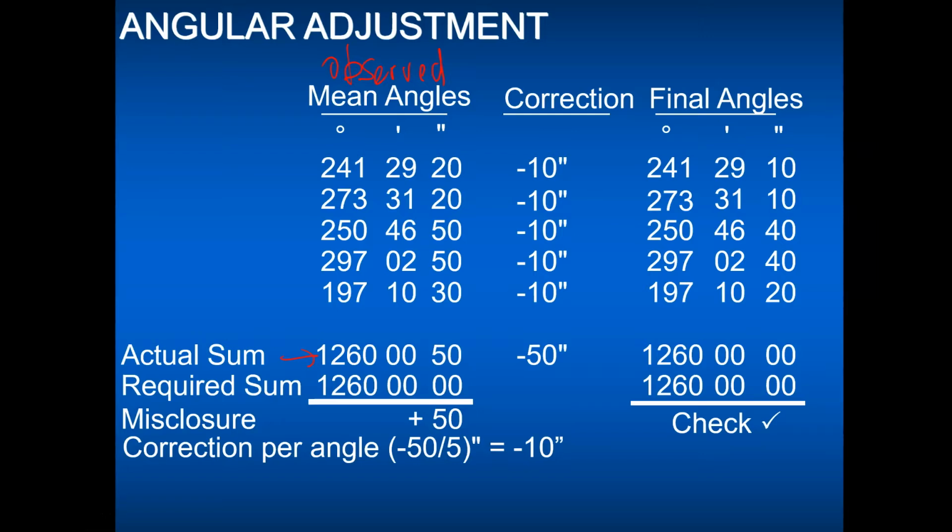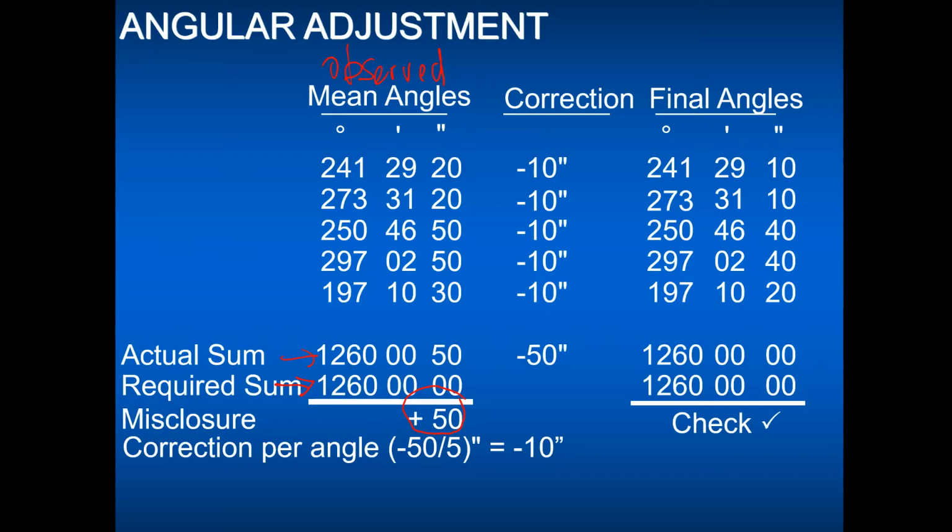And by applying the formula to check the sum, that's what the value should be, 1,260°00'00", which means that we are more than 50 seconds over the actual sum, the theoretical sum.